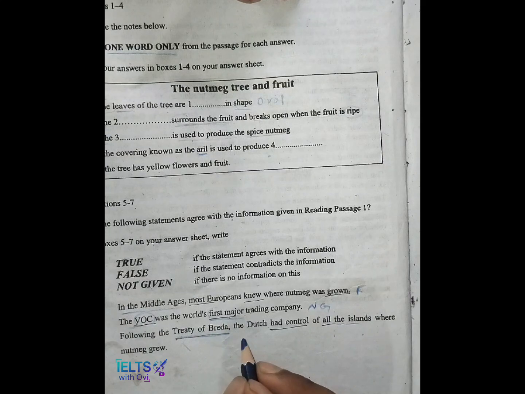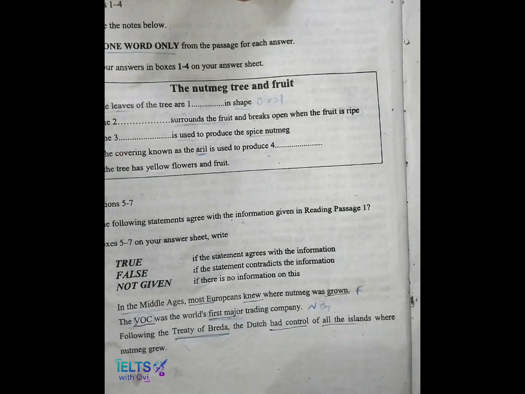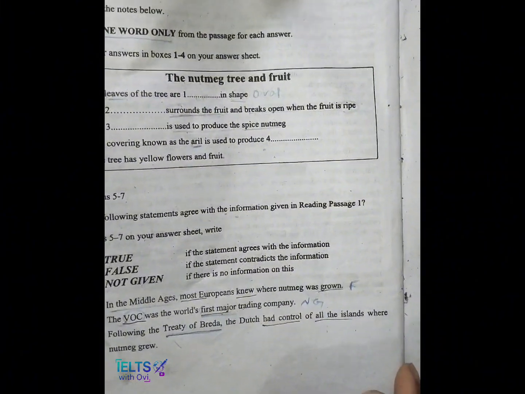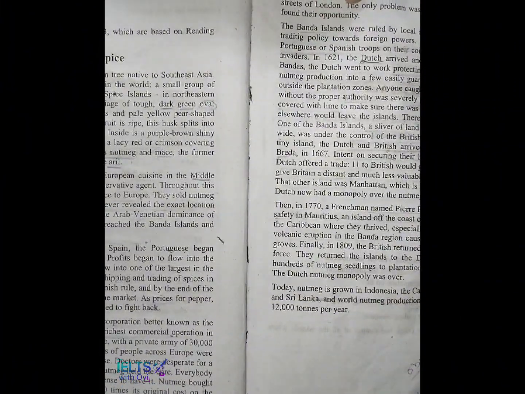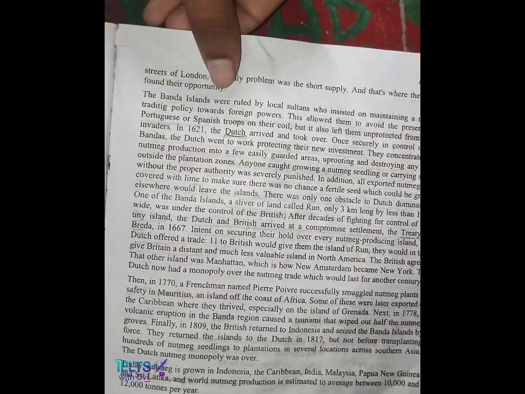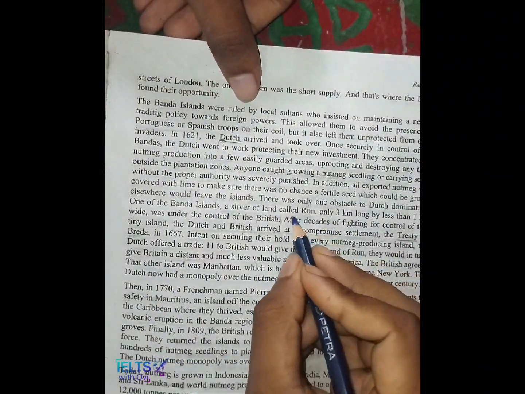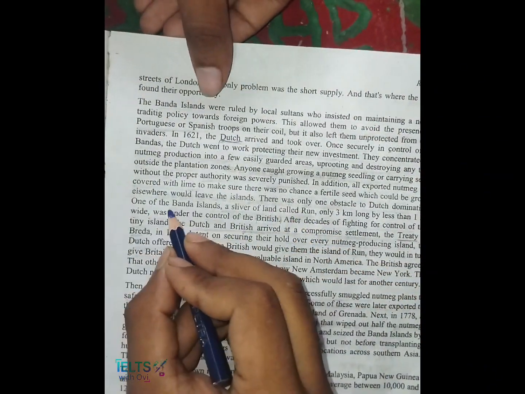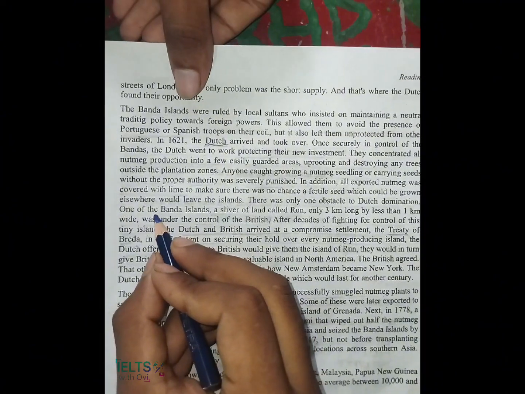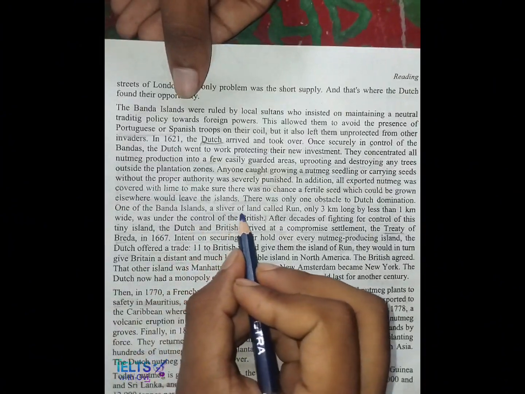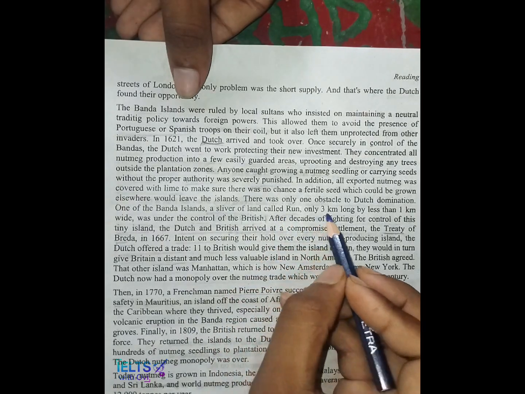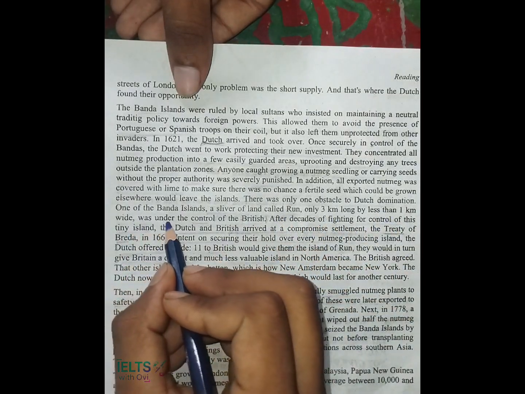If there is no line about whether they controlled it or not, then it's not given, so we have to find it. Okay, one of the Banda Islands, a silver land called Run only, three kilometers long and less than one kilometer wide, under the control of the British.